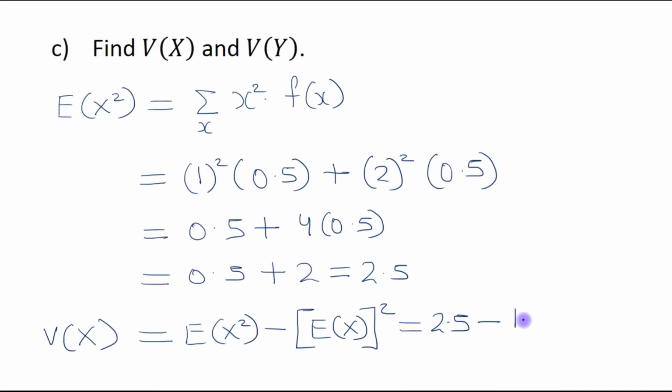So 1.5 whole square, which will be equals to 2.5 minus, it will be 2.25, right? And this is equal to 0.25. Okay, so variance of x is 0.25.